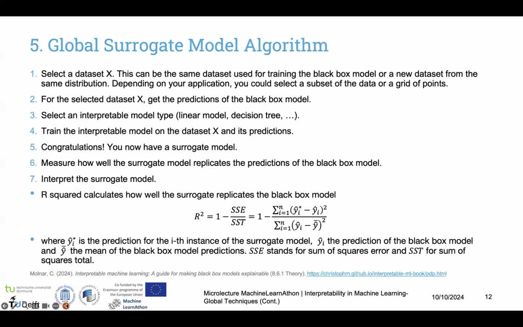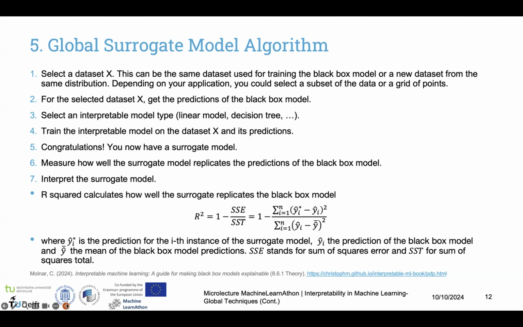So let us go through the steps of the algorithm so it will be clear. We are going to start from a data set. This data set could be the data set used in training the black box model or another data set that's somehow coming from the same distribution. The second step is that for this data set, we get the predictions from the black box model.